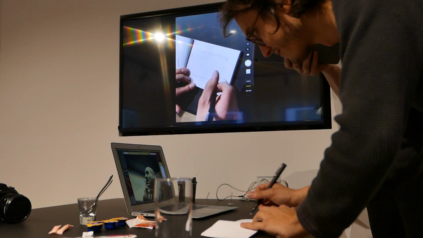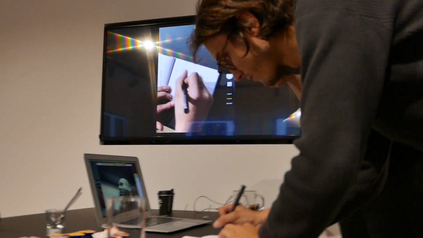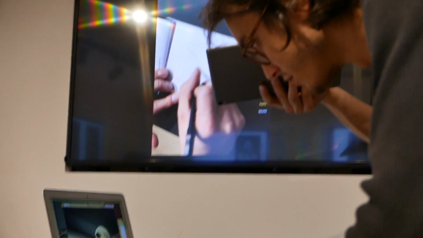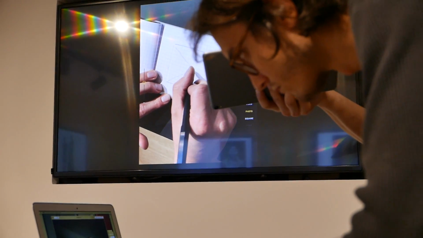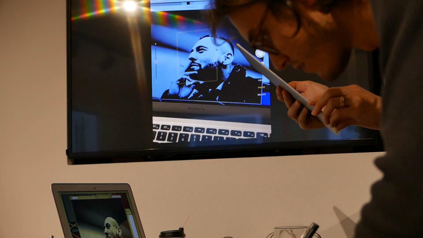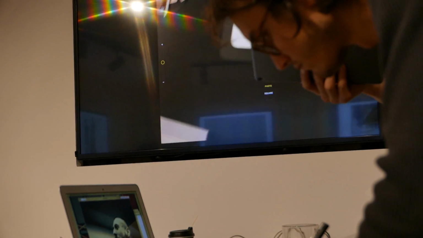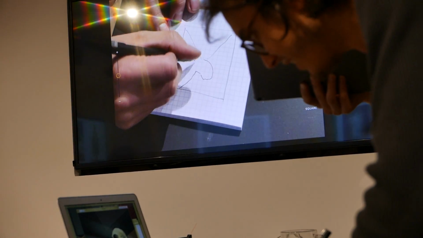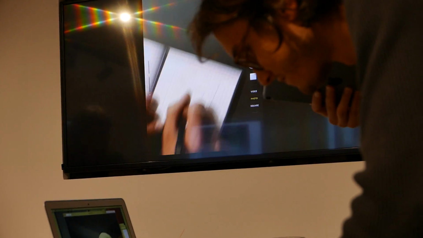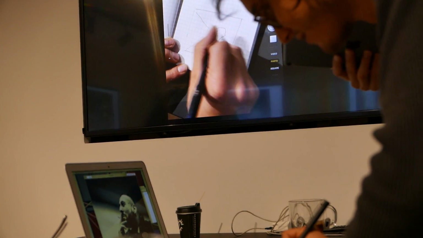Isn't this so exciting? So that's the image. He studied it the whole night. Yeah, he's very precise. Very precise.